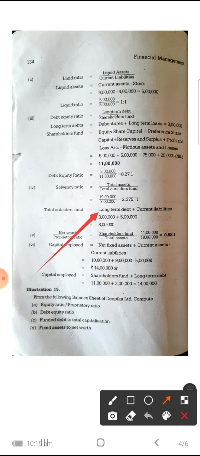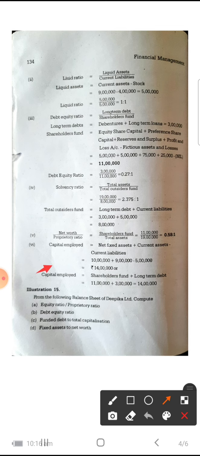If you check the problem, you will get outsiders fund. Outsiders fund is equal to long term debt plus current liability, that is 3 lakh plus 5 lakh, it is 8 lakh.